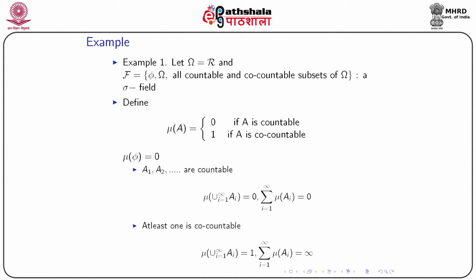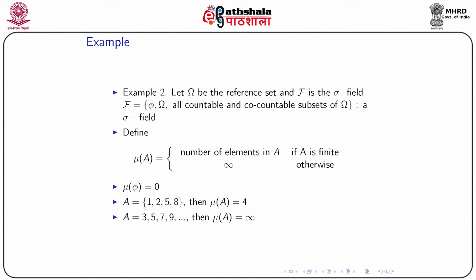Many of the sets A1, A2, A3 may be co-countable, since we are only considering that at least one is. Whenever they are co-countable, their contribution will be 1. So, if I add them together, the sum may go to infinity. So, the left hand side is 1 and the right hand side is infinity. So, this is an example which shows that this is not sigma additive.